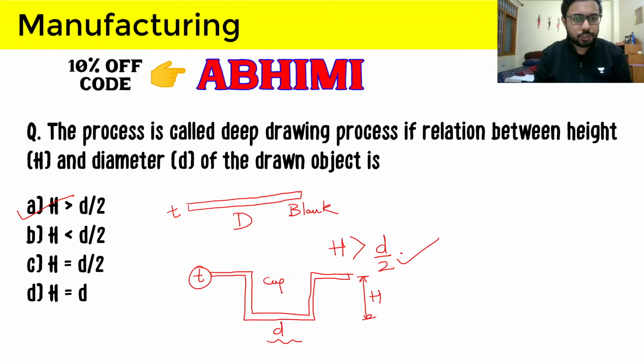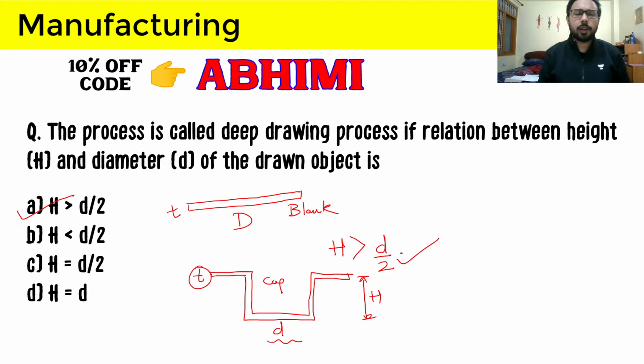Then we did this question where we have to just remember the condition that this h, the height of cup, and the diameter of cup, or diameter and height of the drawn object, are related for the process to be called deep drawing. You have to know this relation. There is no escaping this, because if you don't know, then you cannot answer this question, or you might answer this question by just some luck, but you have to know the conditions.